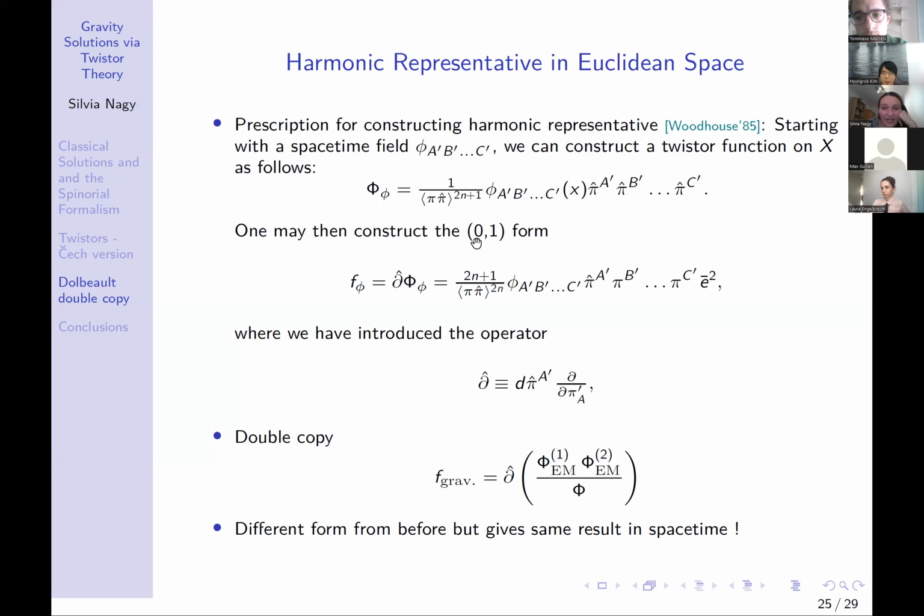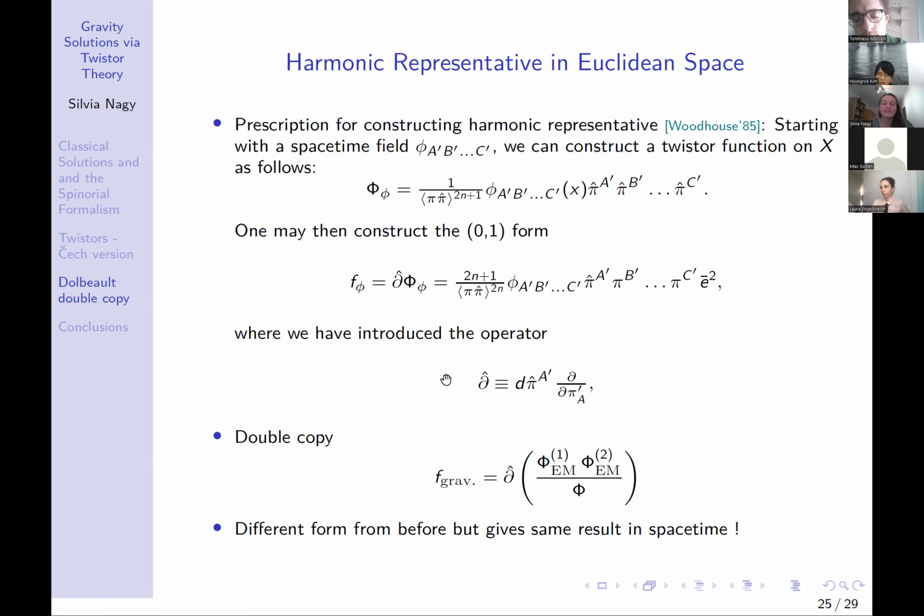And then we can construct a 0,1 form f phi just by hitting this phi object here with this partial hat operator, which notice is slightly different from the Dolbeault operator because we have a d pi hat here, but this is a partial pi.